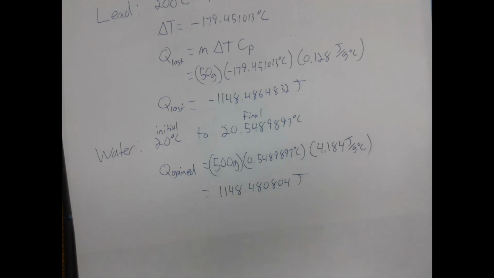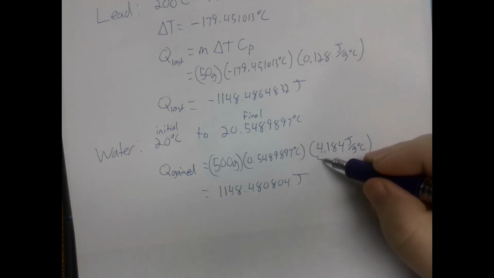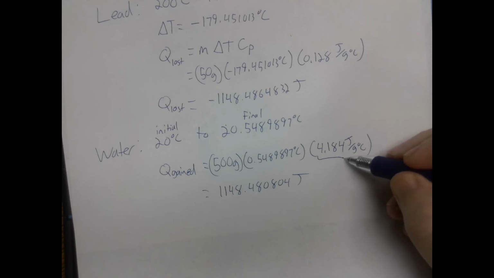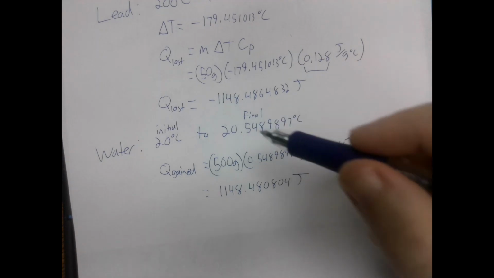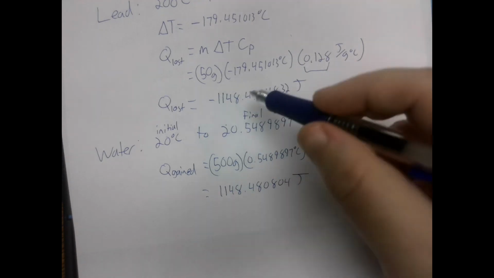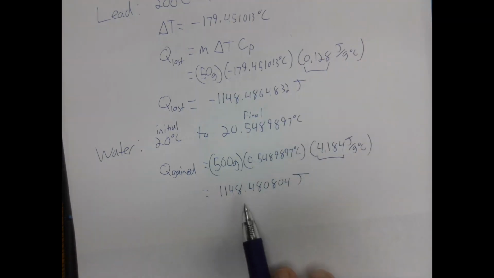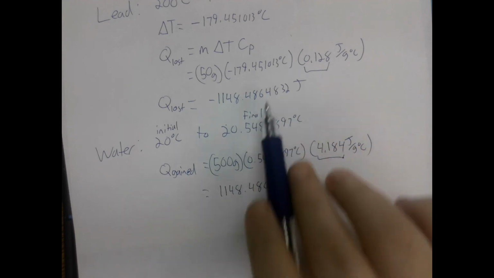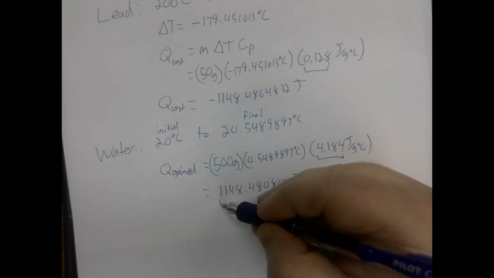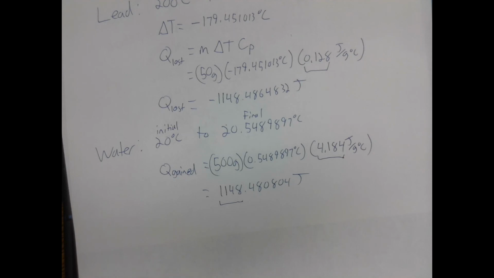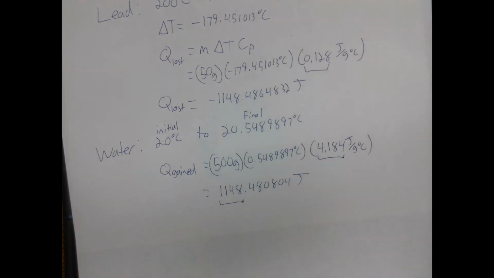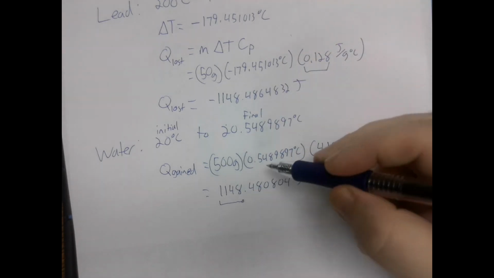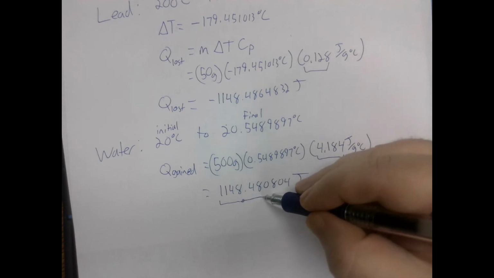Now, how many significant digits do we have here? We have at the most 4 here, 3 here. How many digits do these match up? These two values, they're equal to about 4 digits, right? These numbers are actually accurate to 6 digits.